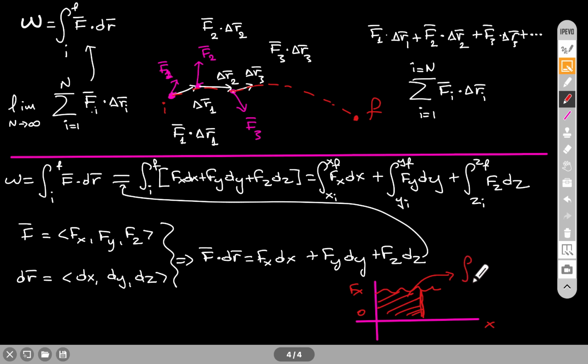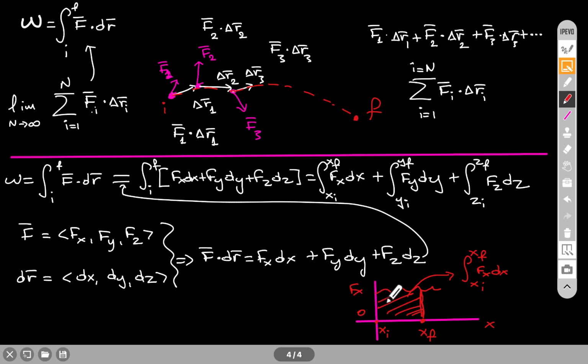this is the integral from x initial to x final of Fx dx. And let's say I'm going to mark here, that's my x initial and that's the x final, just to make it clear. If it makes your life easier to use calculus and find the integral, that's great. Go ahead and do that. There is another way.